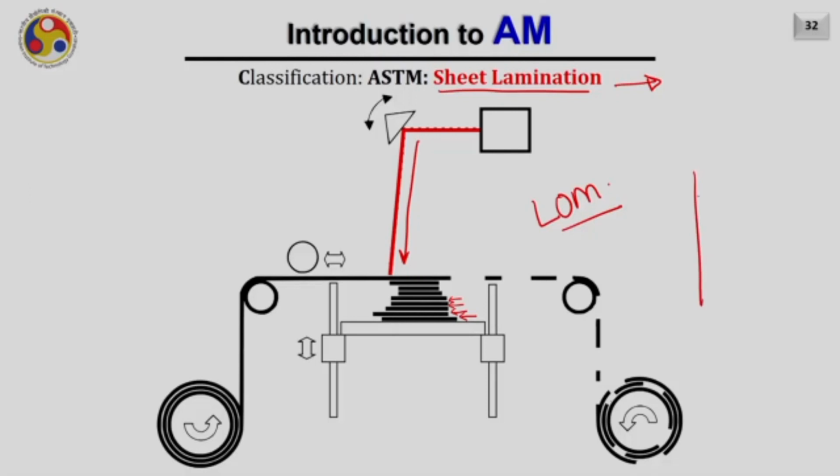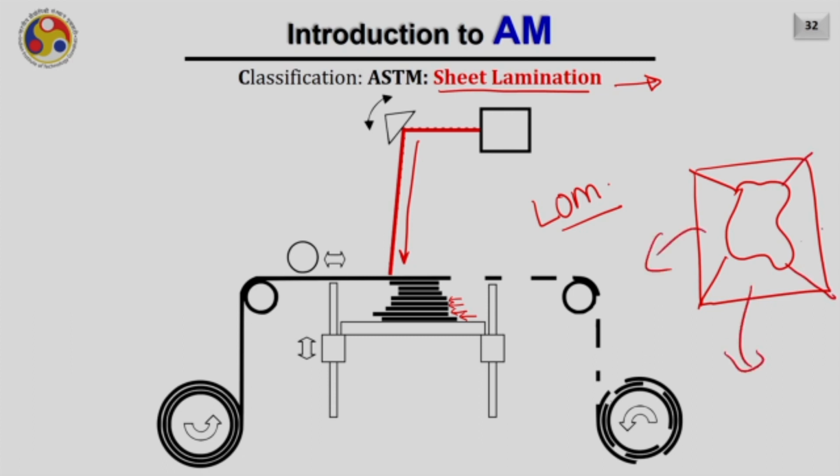Each time you join two sheets together, and from the top, if it is paper, a laser, or if it is some other metallic object, an end milling cutter can come and cut the periphery appropriately. Then another layer will come on top of it and it will keep on building the part. Of course, you need to provide some mechanism or some cut pass in such a way that the excess material can be removed later on. This is sheet lamination.